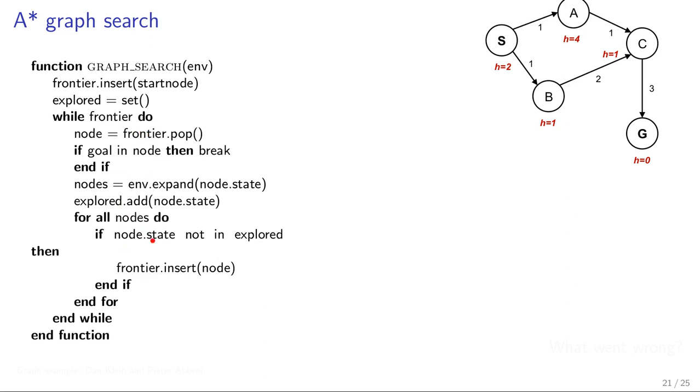It's still basically the same thing. The point is that here the node evaluation is going to be the backward cost plus the heuristic, the forward cost.